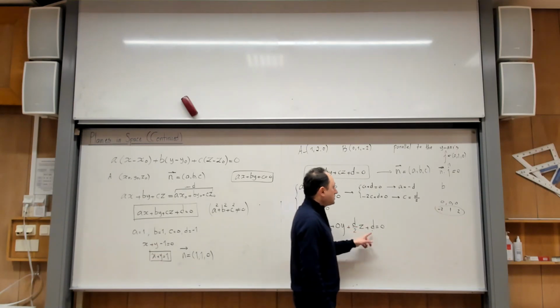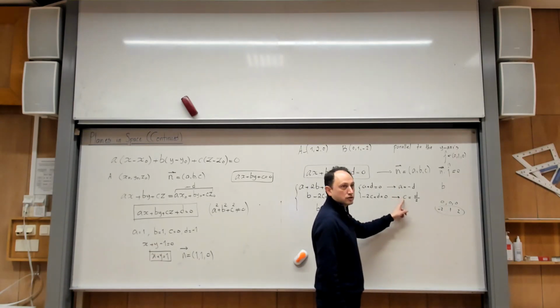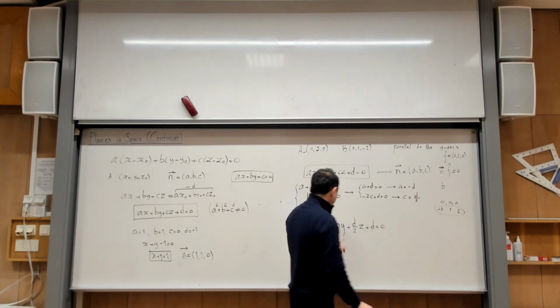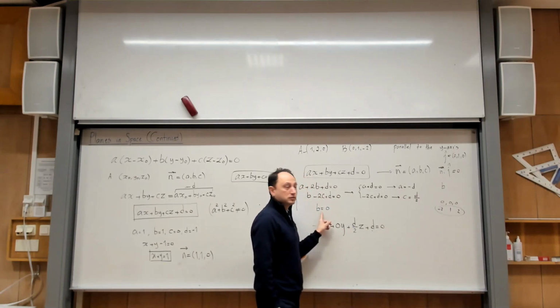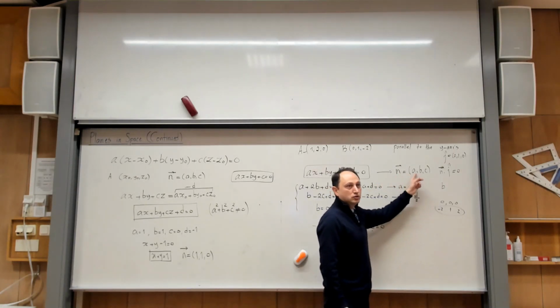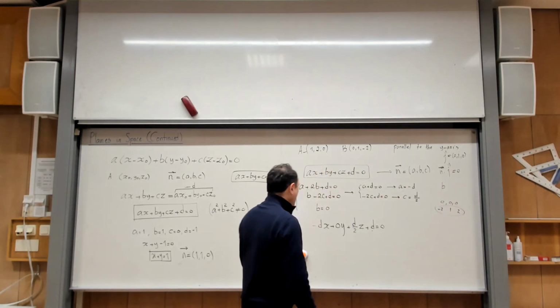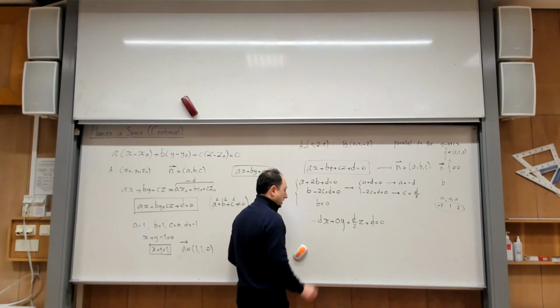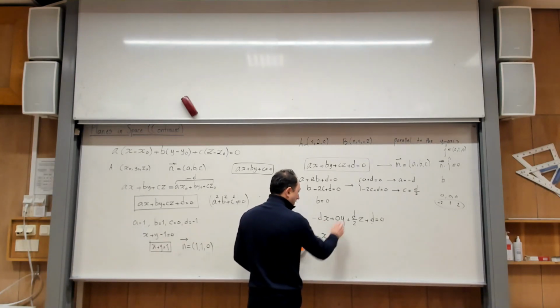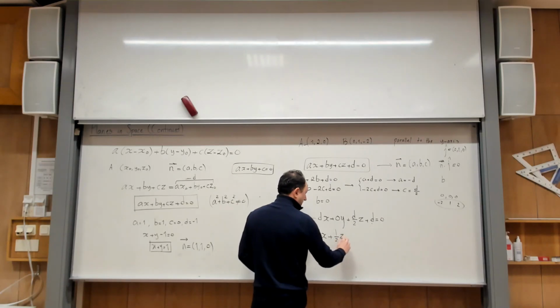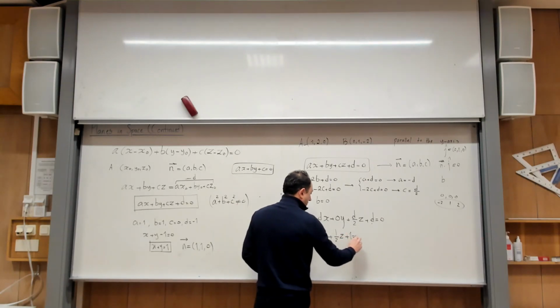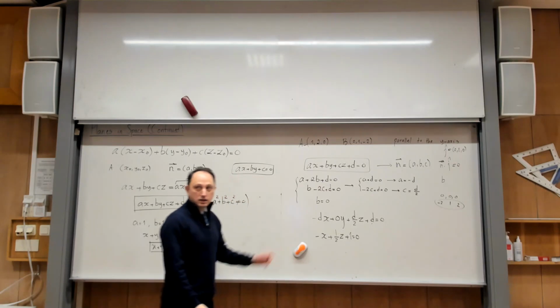Because if D is 0, it means A and C are 0, and B is already 0. So then this is not indeed a normal vector. So it is guaranteed that D is not 0, and I am on the safe side to divide everything by D. So this becomes minus x. This is not relevant. This becomes 1/2 z. And this becomes 1 equals 0. So that's the equation I get.